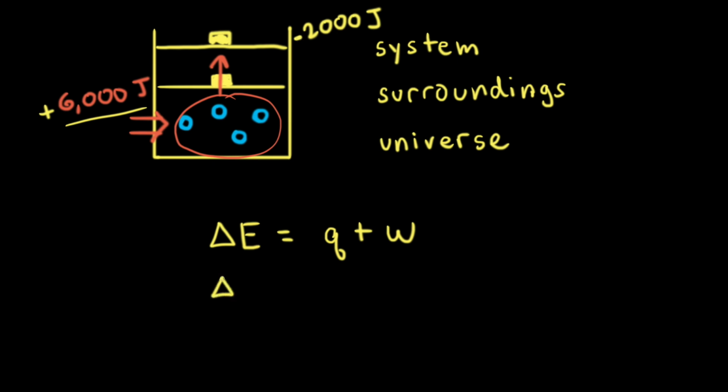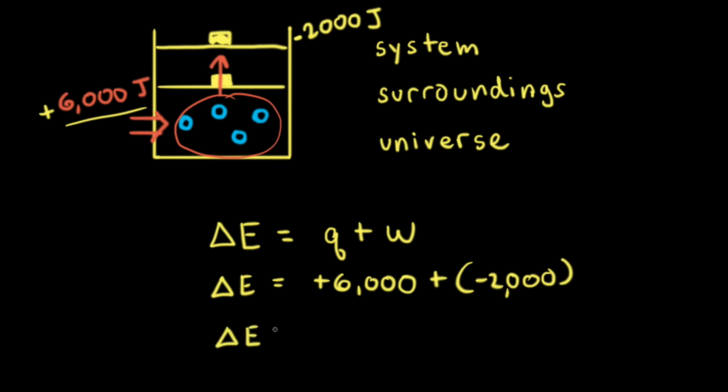So we can go ahead and plug into the first law of thermodynamics. The heat transferred is positive 6,000 joules, and the work done is negative 2,000 joules. Therefore, delta E, or the change in the internal energy, is equal to positive 4,000 joules.